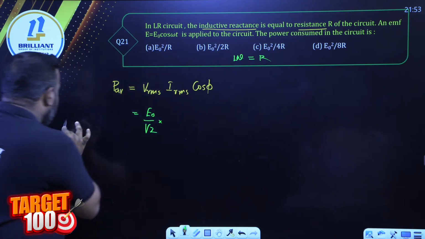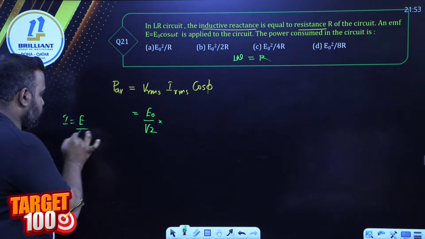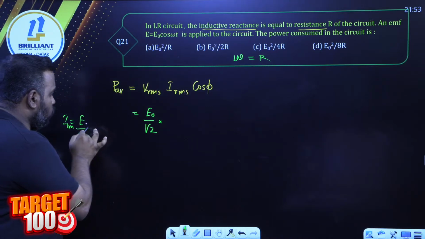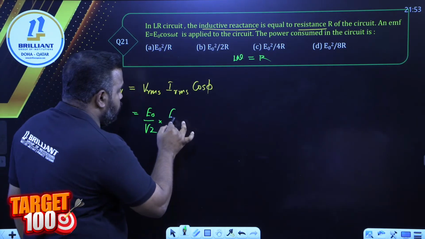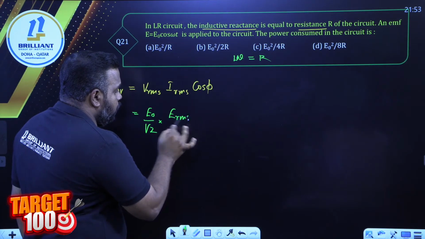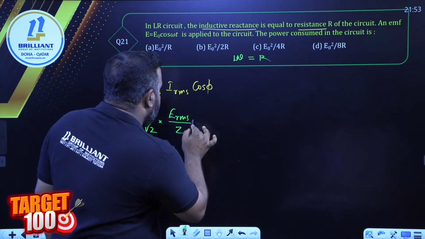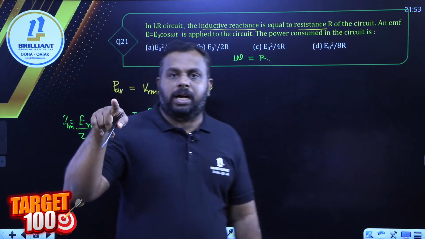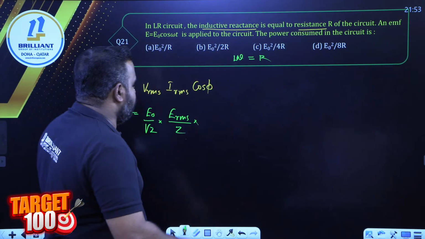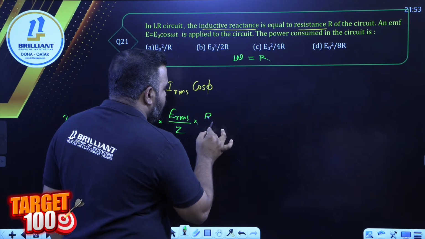So I equal to E by Z, so of course I RMS is equal to E RMS by Z. So in the next step I am writing E RMS by Z, impedance, into cos phi. What is the formula for cos phi? Cos phi is R by Z.